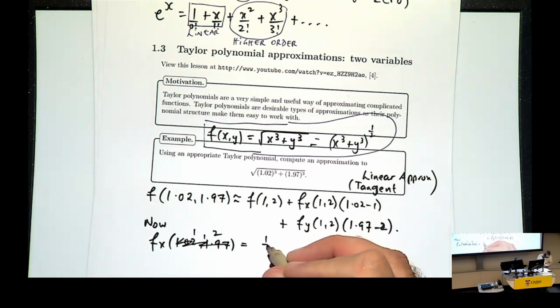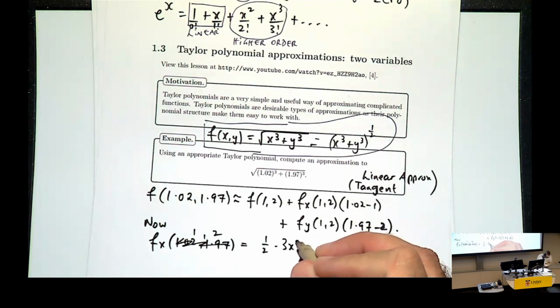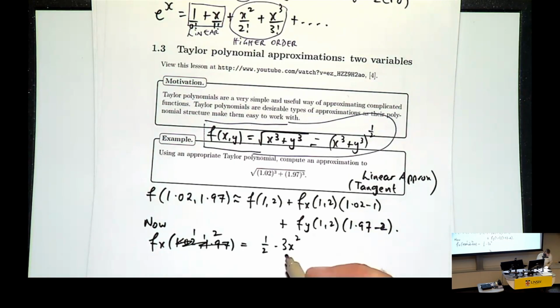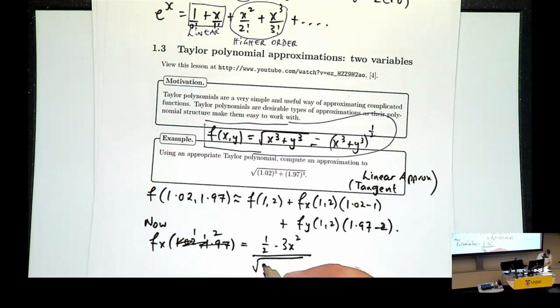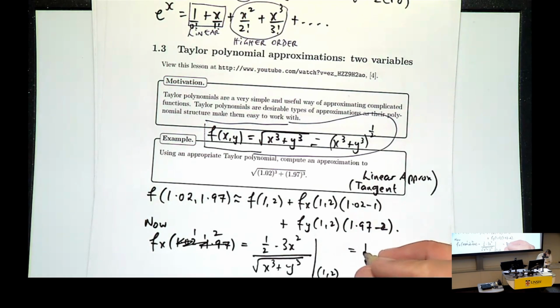So that's the derivative, and I'm substituting in x equals 1, y equals 2. If I do that, I get a half.